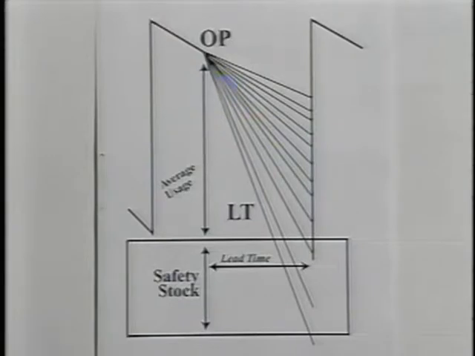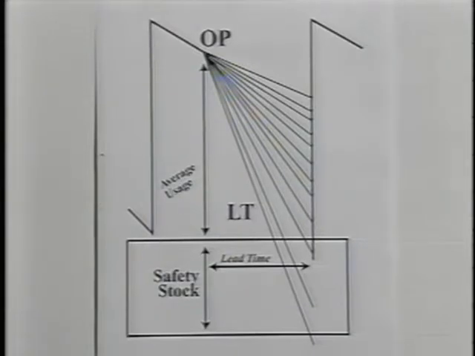To get the average usage, each one of these lines would represent different usage periods. And we would, like we did in our previous order point example, add all of the usages by period together, and then divide by the number of periods we're analyzing, and that would give us the average usage.